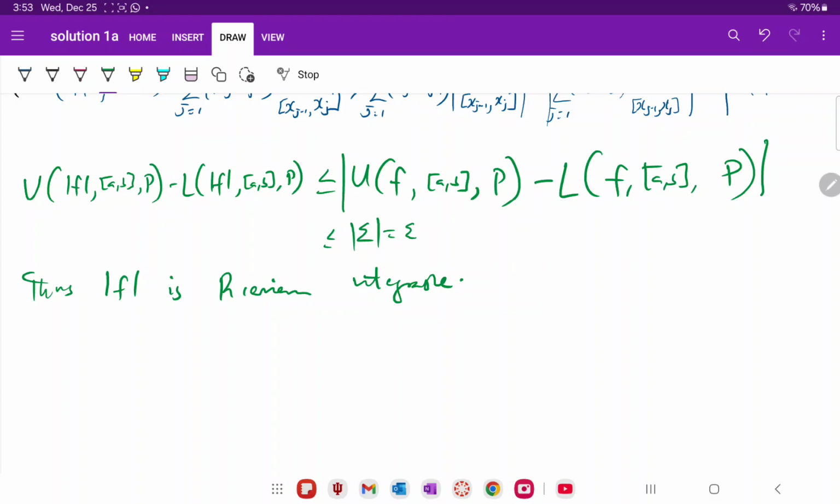Then also we can now show the upper bound of this guy is lower than this other guy.